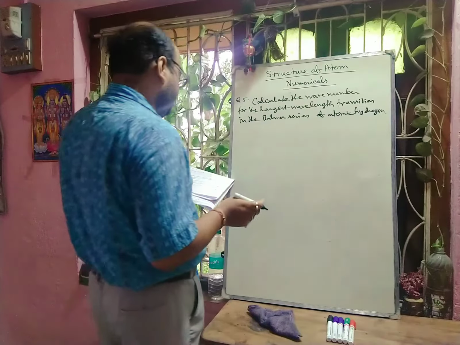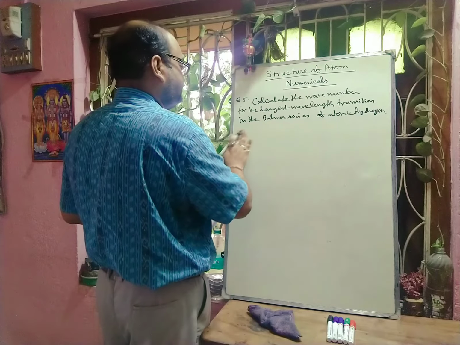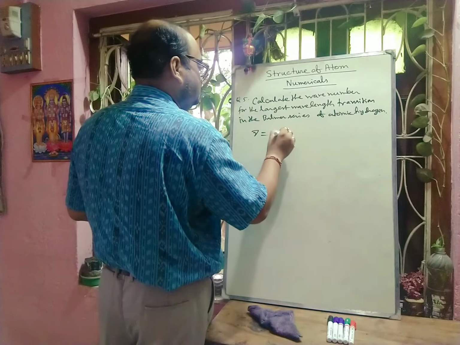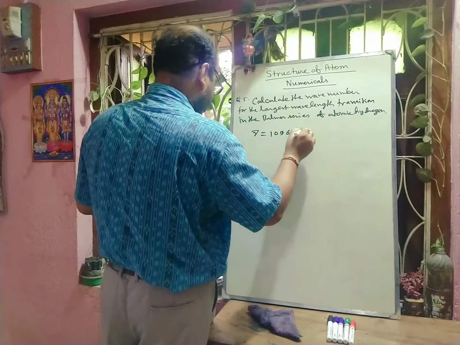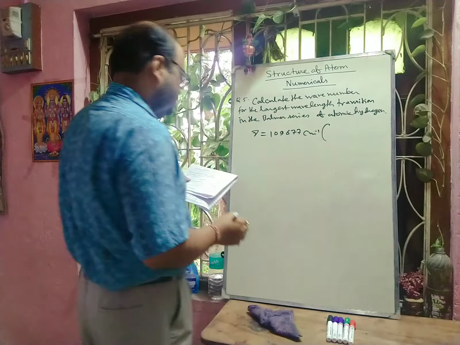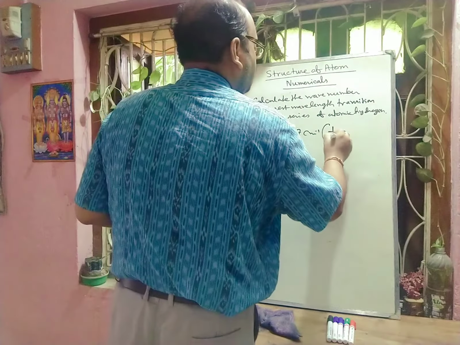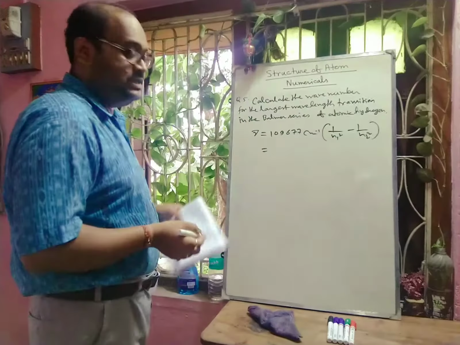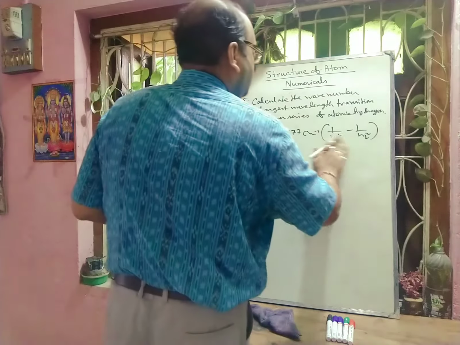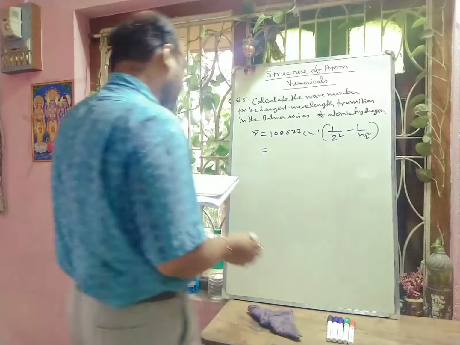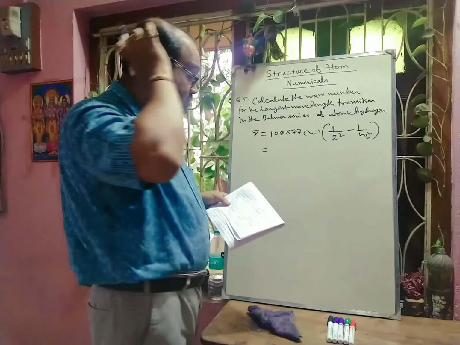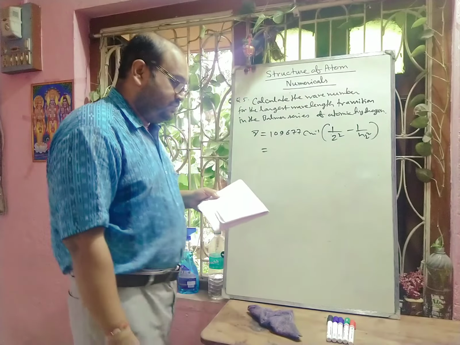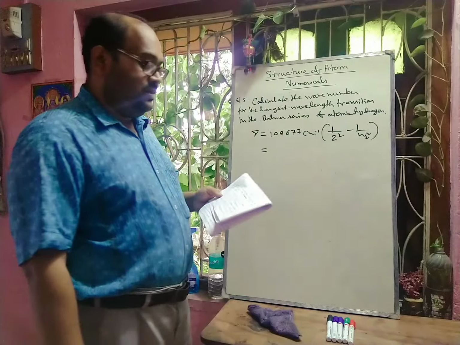So first you have to write the formula. This is nu bar is equal to the Rydberg constant value, I am writing 109677 centimeter inverse into 1 by n1 square minus 1 by n2 square. So it is a Balmer series. Okay. So n1 value will be 2 square. Now wavelength will be the maximum, or nu bar will be the minimum.